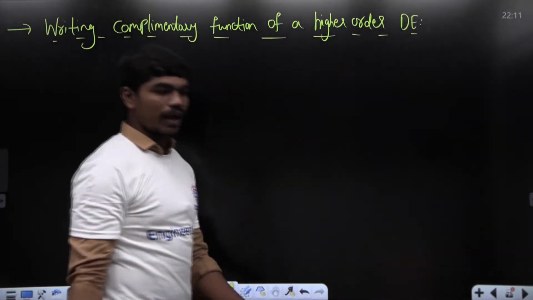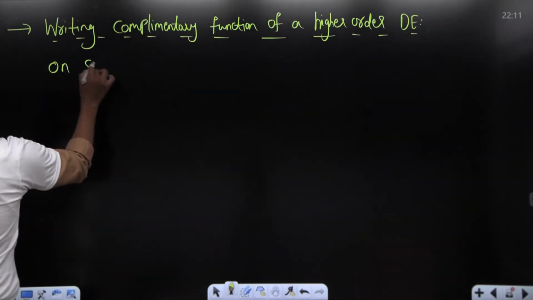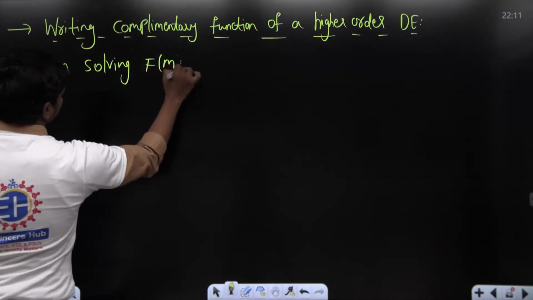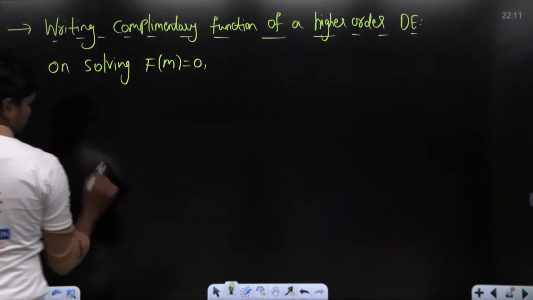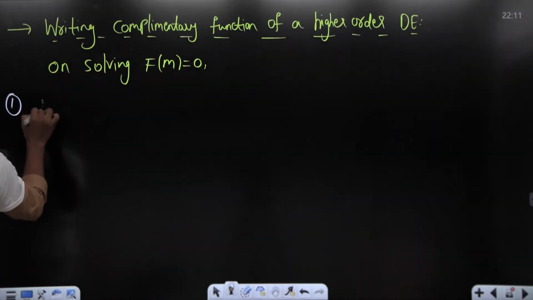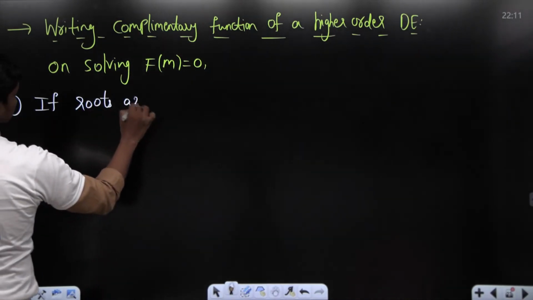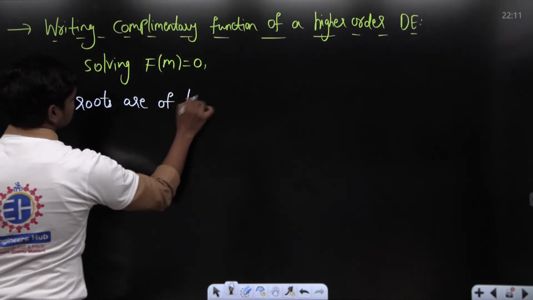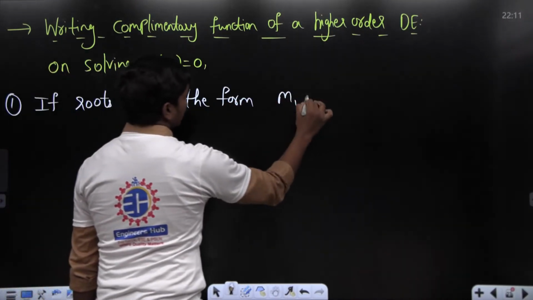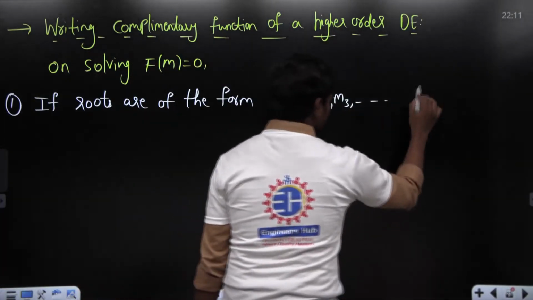Okay, so this is what you have now. On solving capital F of m is equal to 0, which is the auxiliary equation, first point: if the roots are of the form m1, m2, m3 and so on, where all these are real numbers.